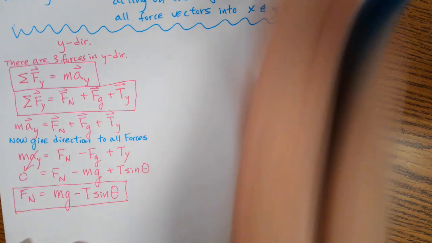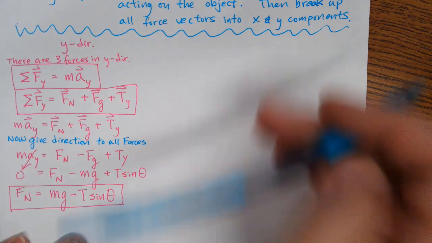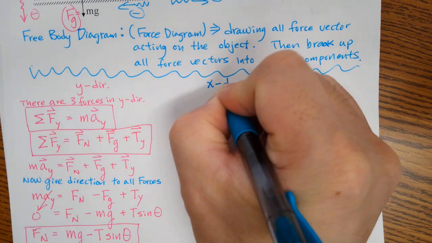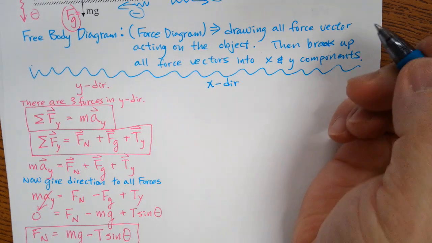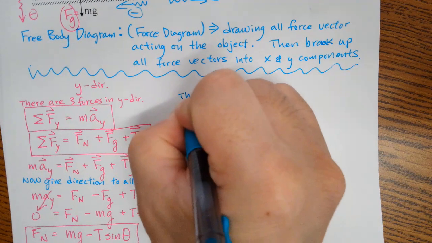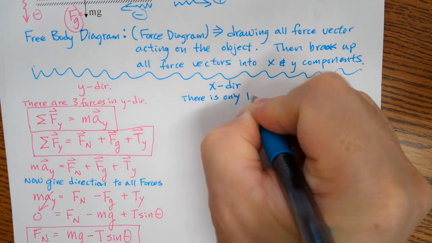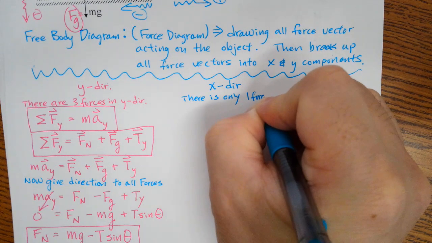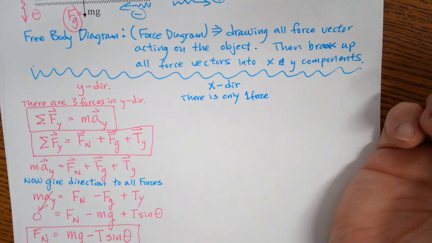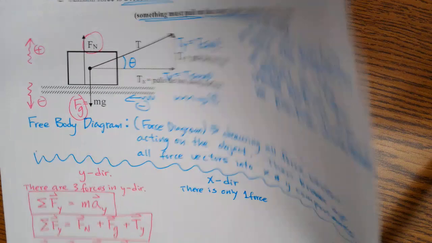All right. Now let's take a look at the x direction. If we were to look at the x direction, there's only one force, and that is just the Tx in the x direction.